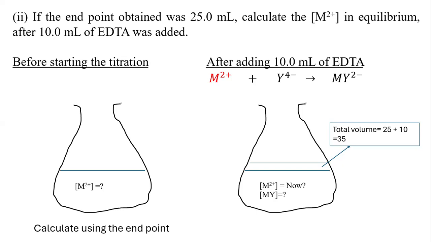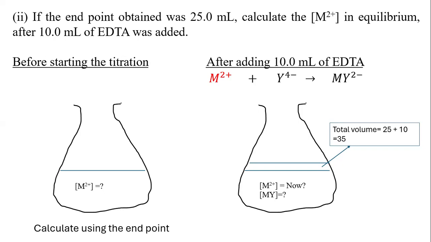Before starting, you had M2+ only. Maybe other ions are there, but M2+ is what we are interested in. Then we don't know the concentration. After adding 10 ml of EDTA, this reaction takes place.